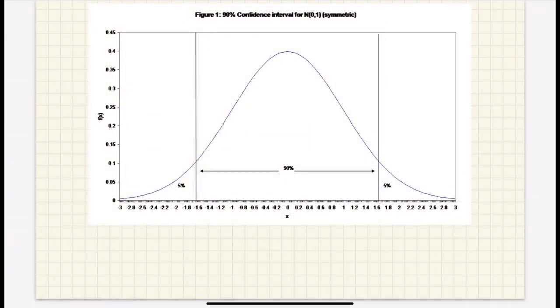So the concept of a confidence interval is basically the reverse of hypothesis testing. In hypothesis testing, you find the value, and then you compare it against the critical values that you have, and then you decide whether to reject or not reject, depending on the position of the value against the critical value.